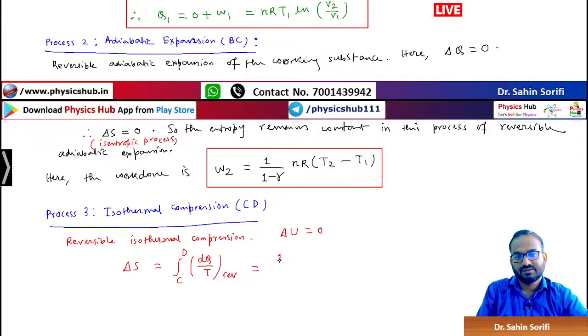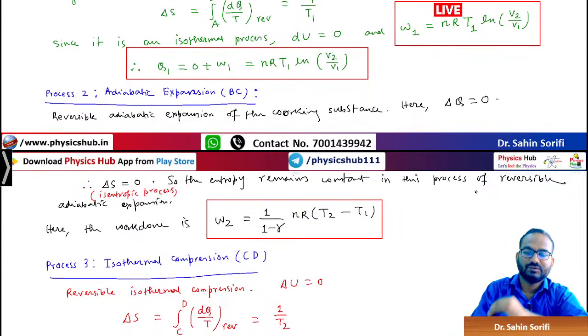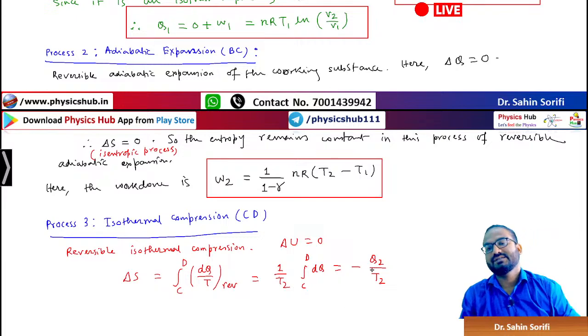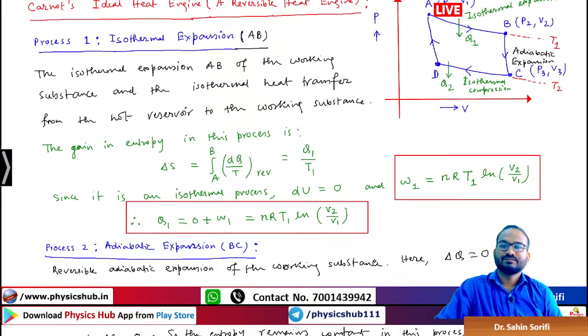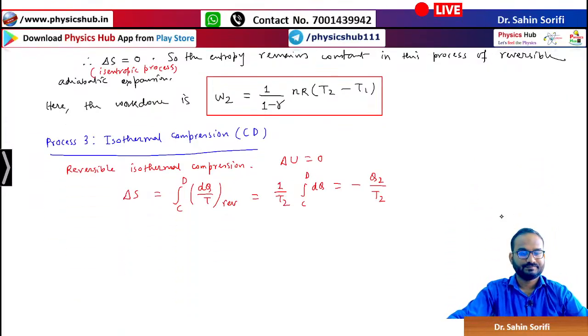The temperature is T2 for CD. So we put T2, then the integration from C to D, what amount of heat is transferred, that is minus Q2 by T2, because heat is absorbed here. Is this clear?